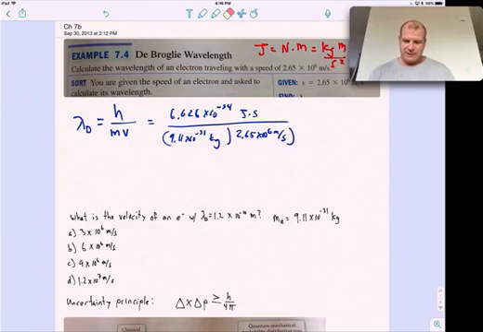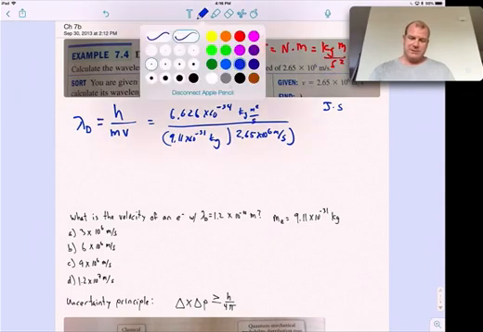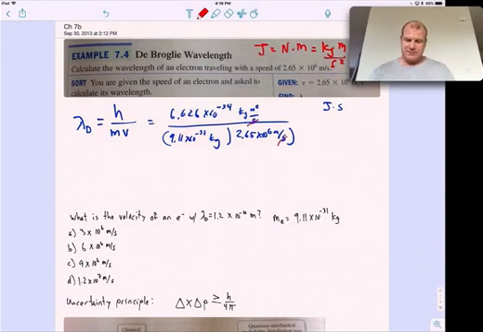A joule is a kilogram meter squared per second squared, so a joule second is a kilogram meter squared per second, because we lose a second from the second squared. Okay, so let's look at units. Seconds cancel, meters cancel, kilograms cancel, and we're left with 1 meter. So the dimensionality here is a meter.